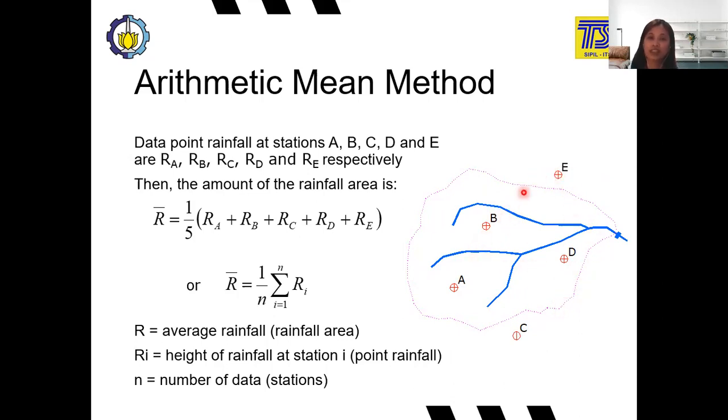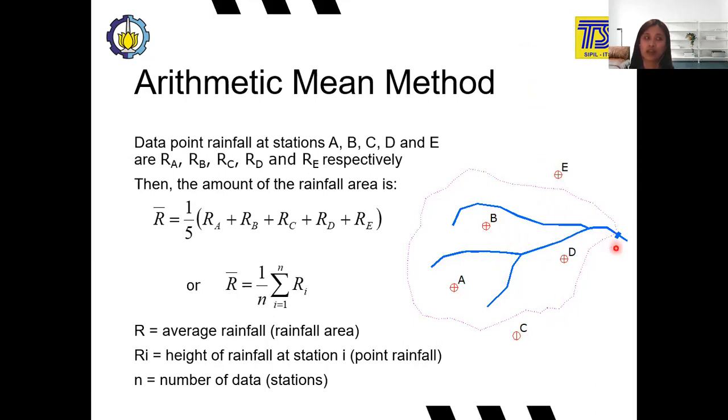In this picture, we can see that all of the stations have similar distance with each other, right? It's not that far, it's not that near, but similar. It's not the case if we have, like here, for example, station E located far from the watershed.